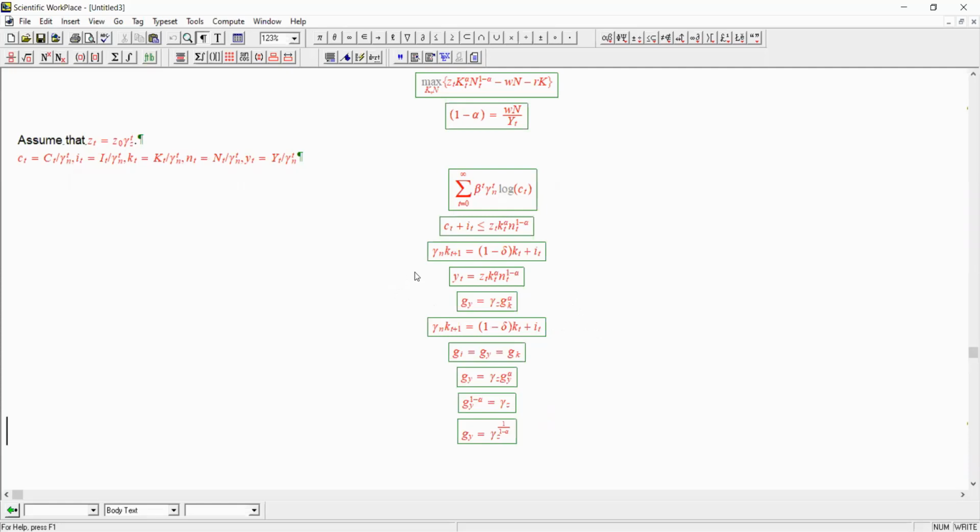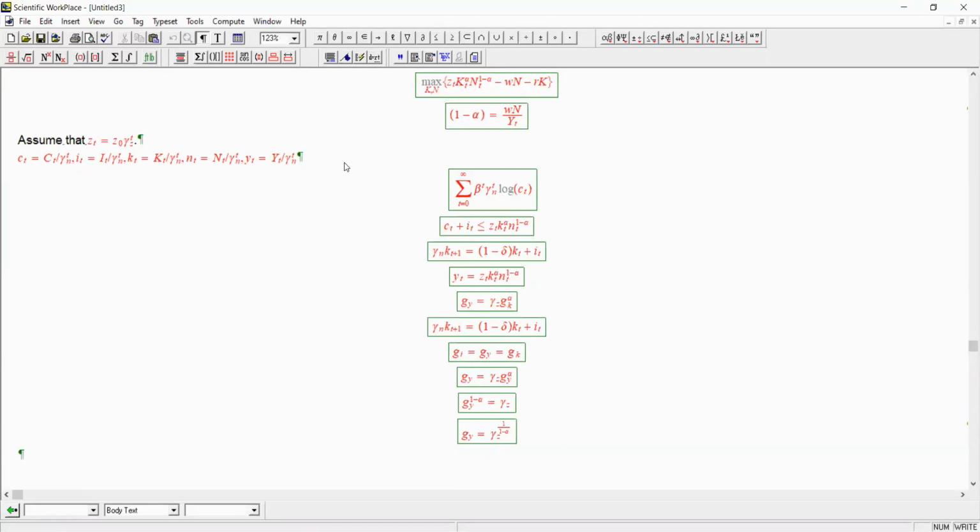Next, what we are going to do is detrend some of these variables by this growth factor. And when we do that, you'll see why that is necessary in order to make sure that we can solve our growth model using dynamic programming methods.